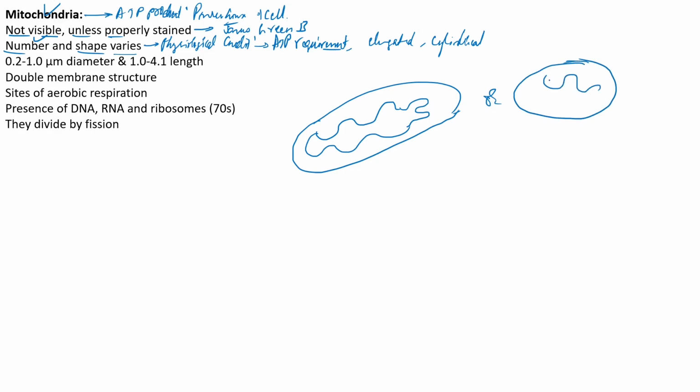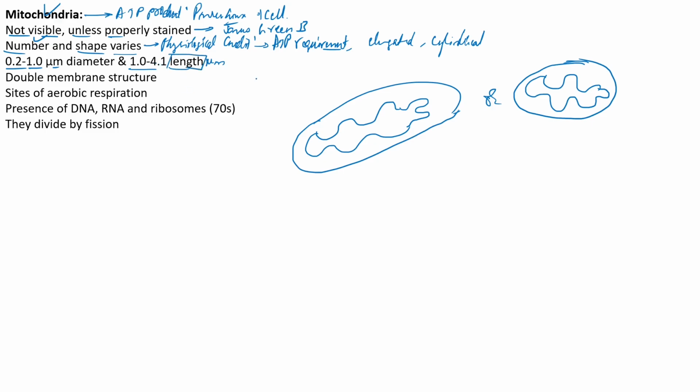The diameter of the mitochondria is around 0.2 to 1 micrometers, and the length generally varies, but we can say it is from 1 to 4.1 micrometers.